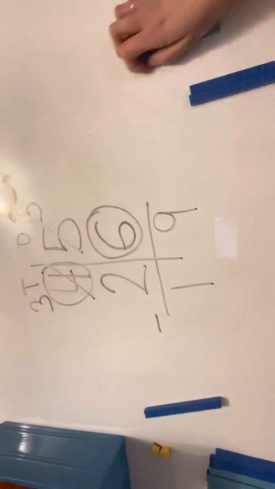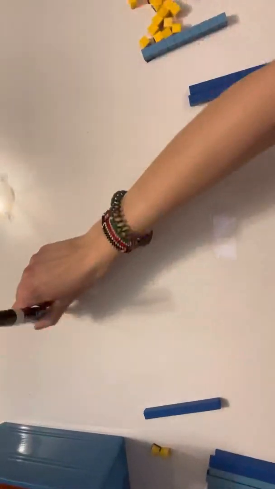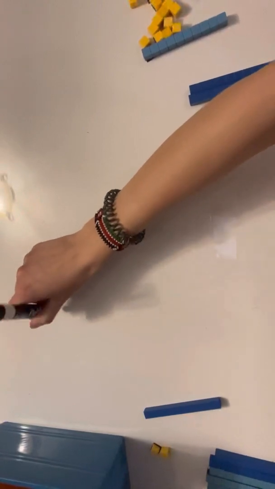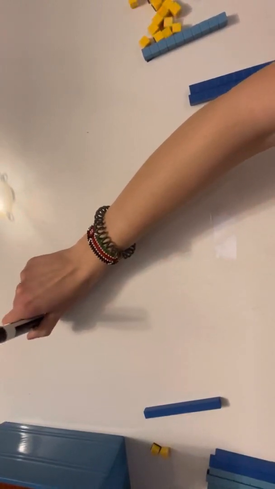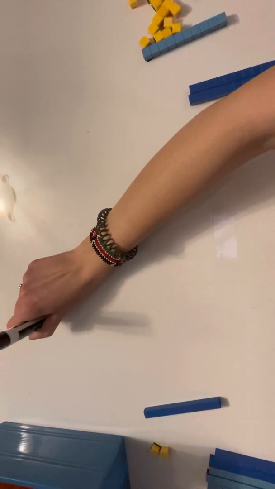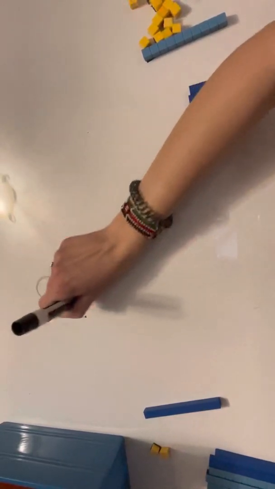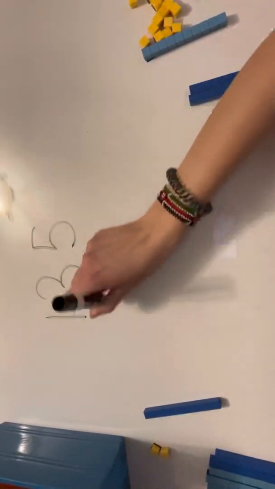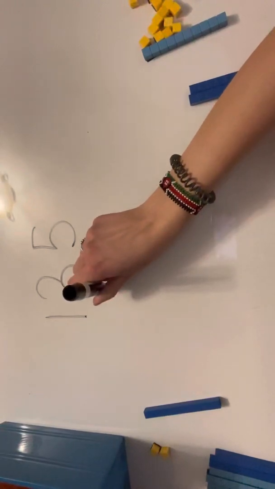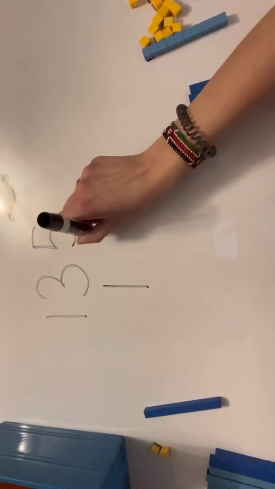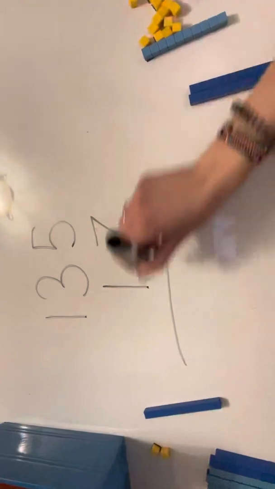I'm going to show you one more without the blocks. And this one is going to be a little bit bigger. So let me show you this. Let's do 135, take away 17. There we go.